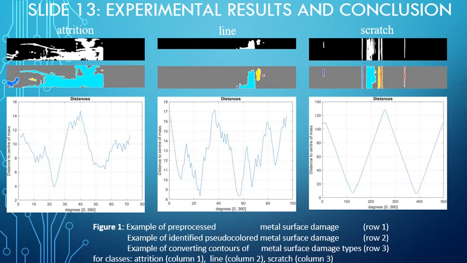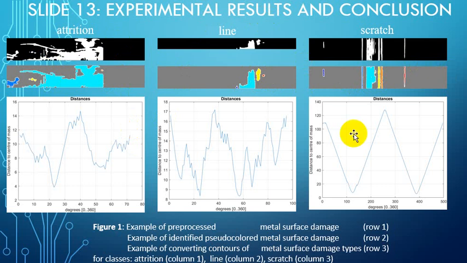Figure number 1 shows examples of the proposed metal surface damage; the input images are in row number 1. Row number 2 is an example of identified pseudocolored metal surfaces, with the appropriate objects identified and pseudocolored.